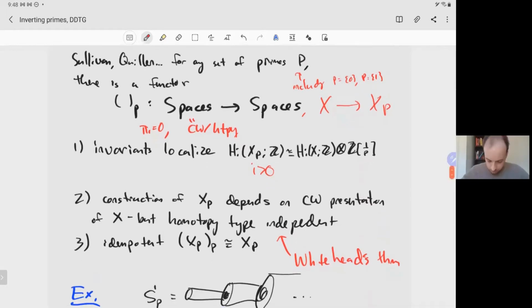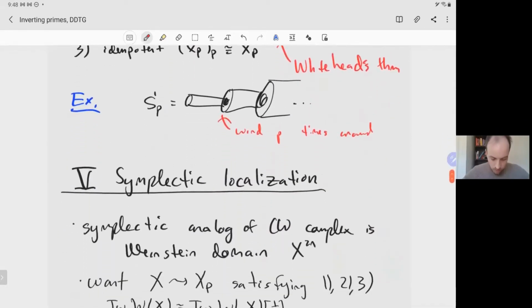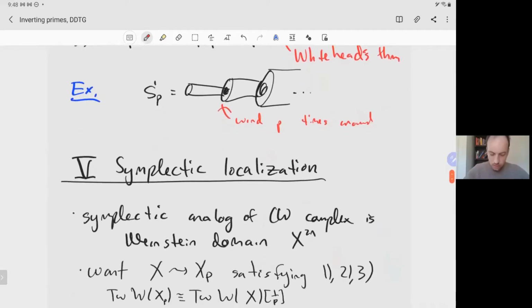Okay. So we want to find an analog of this in the symplectic setting. We want some kind of operation that takes in a Weinstein domain X and produces this PX, which satisfies these properties 1, 2, and 3, namely that invariants localize, it's homotopy invariant, and it's idempotent.